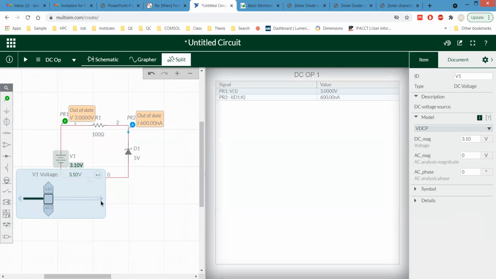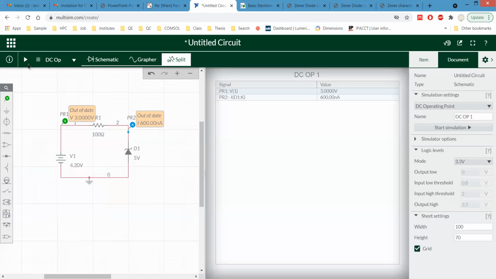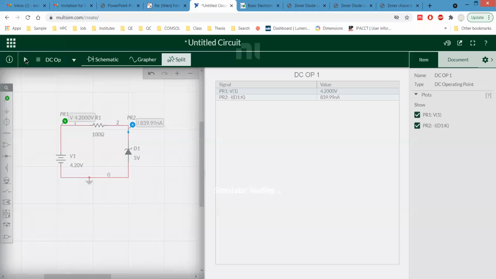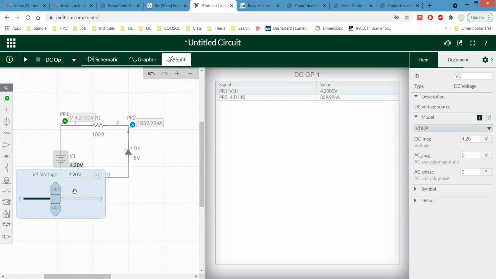Now for 4 volt, or let's say 4.2 volt. For 4.2 volt, the current is 839 nanoampere. Okay. Now let's move to 5 volt.